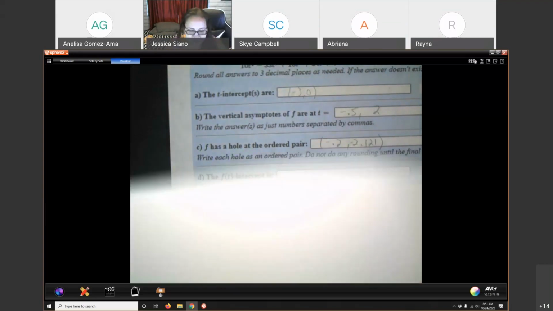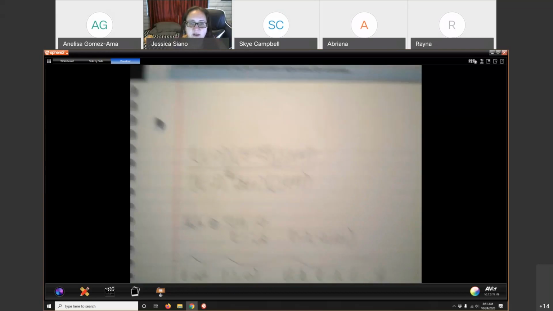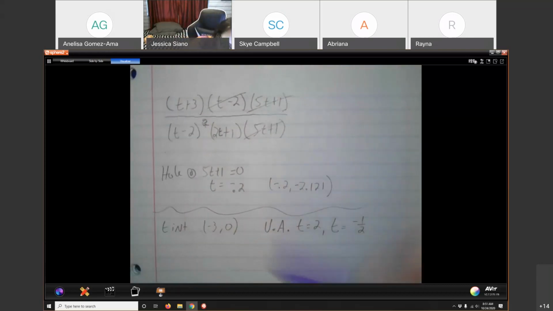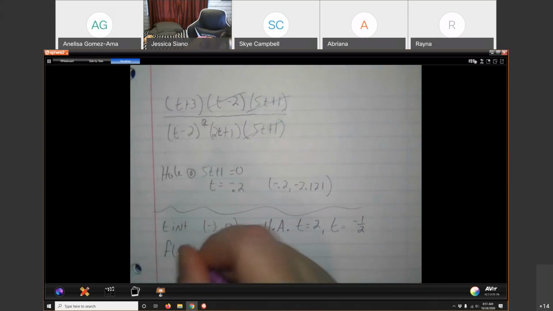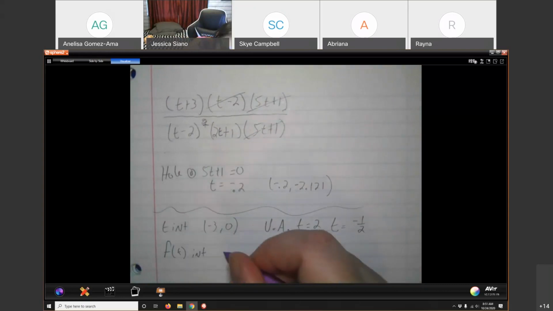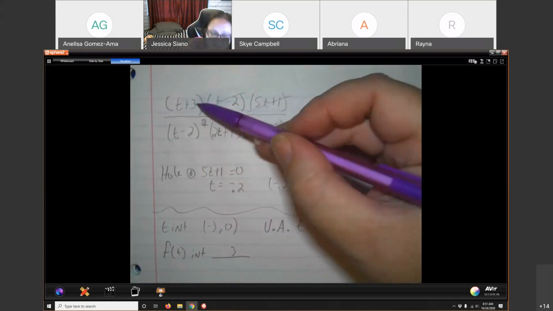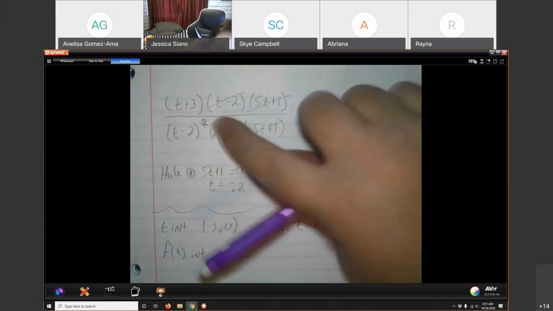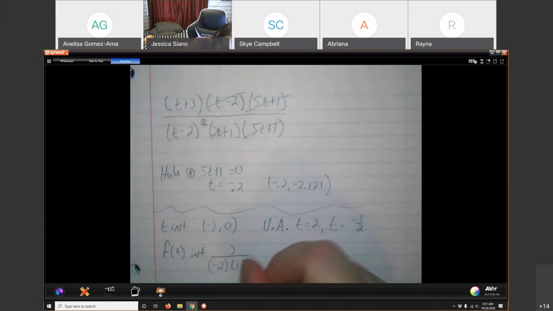And then last but not least, the f of t-intercept. Again, I would plug in 0 for t into my most reduced form. So that would be 3 on the top, right? If I put a 0 there, then all I'm left with is a 3. And on the bottom, it would be a negative 2 times, if I put a 0 in here, then all I'm left with is that 1.